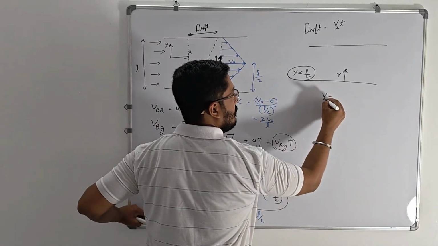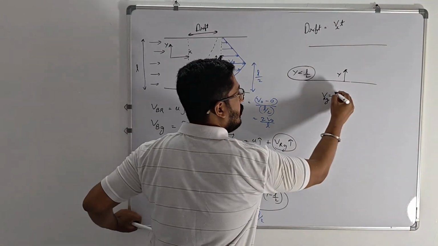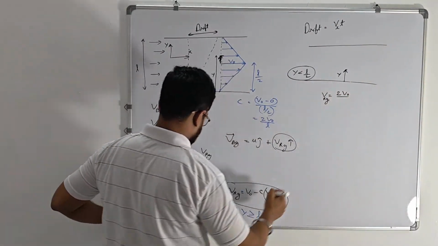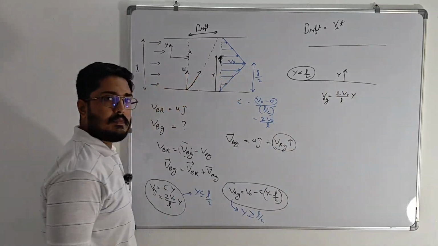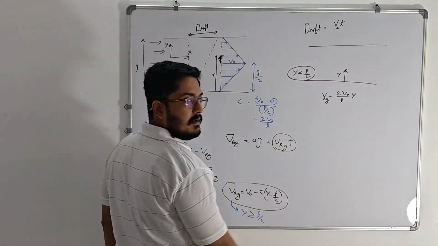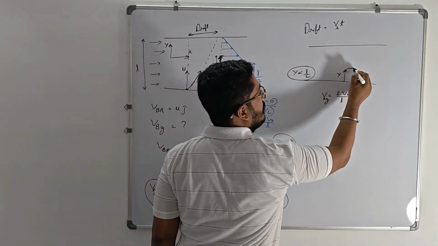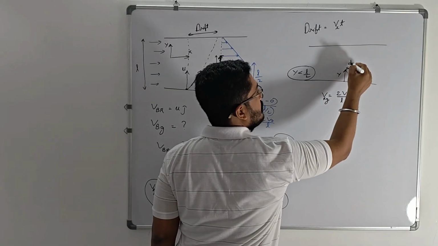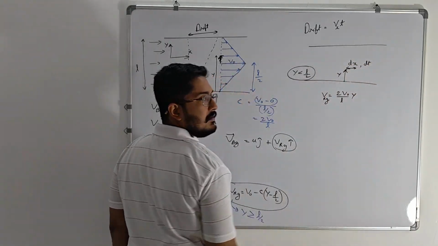Then what is the velocity that I have for the river? The velocity of the river with respect to ground would be nothing but this formula: 2V0 by L times y. This is the velocity that I have at that place. So how much drift will I get in this direction? Let us say dx for a small amount of time dt.